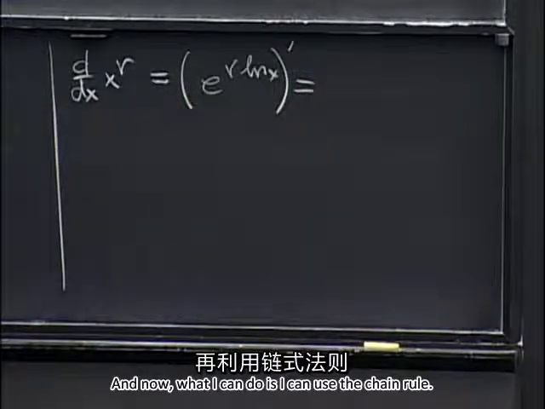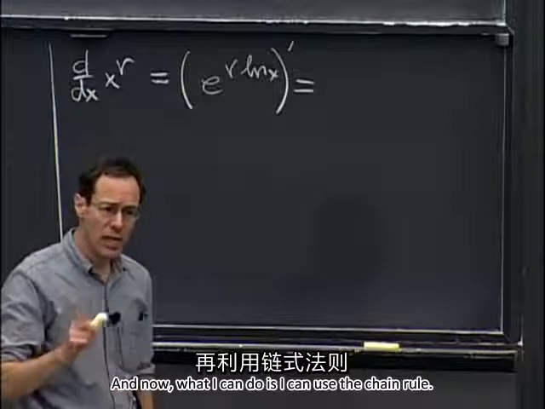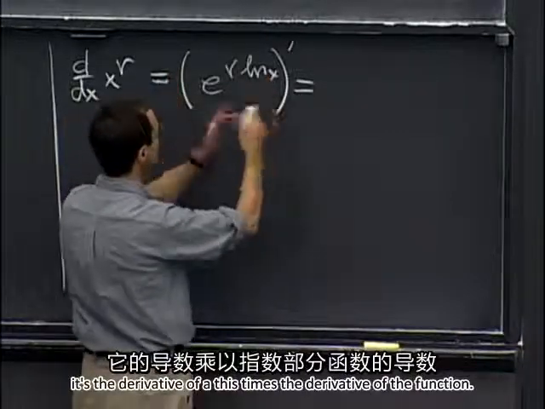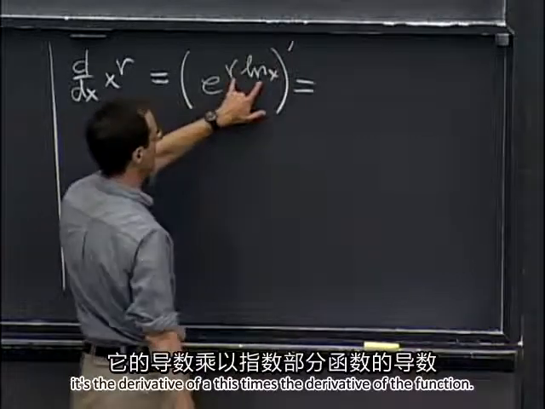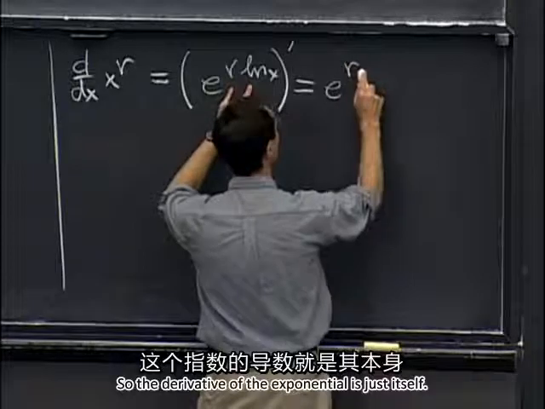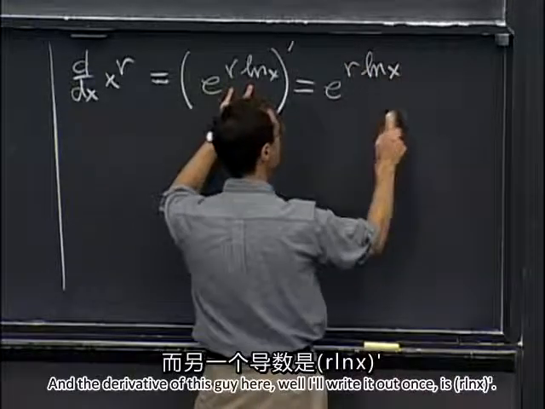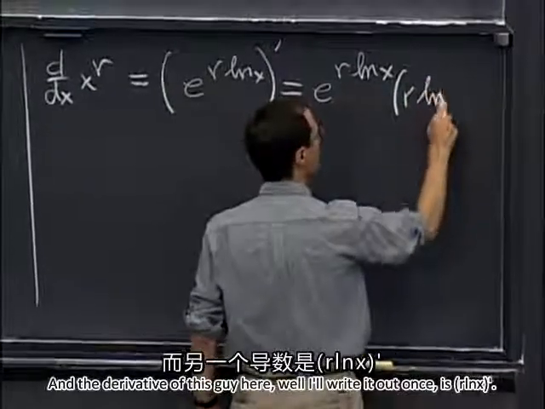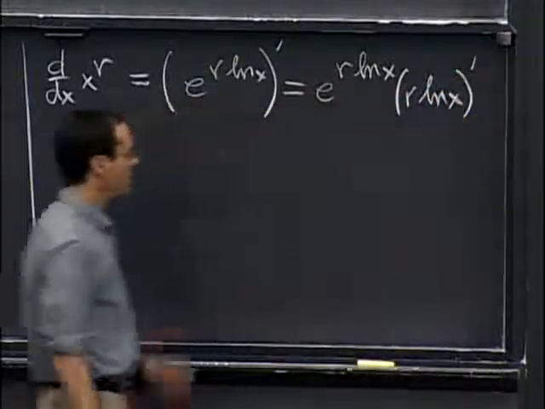And now what I can do is use the chain rule. The chain rule says that it's the derivative of this times the derivative of the function. So the derivative of the exponential is just itself. And the derivative of this guy here, well, I'll write it out once. It's r log x prime.